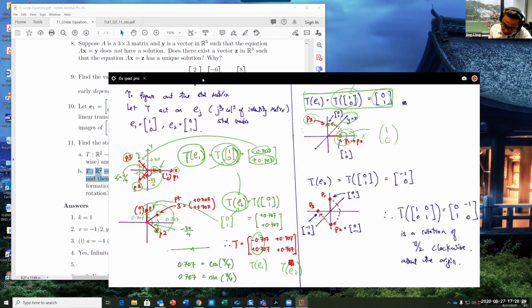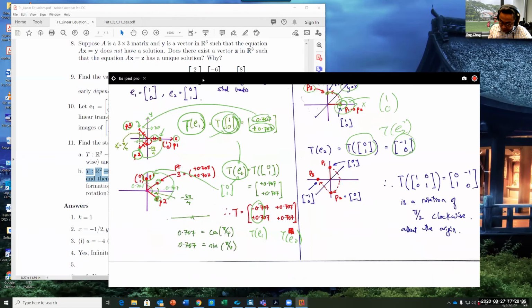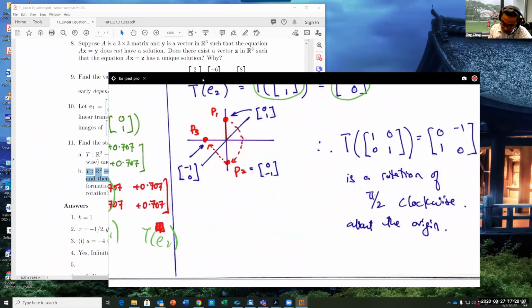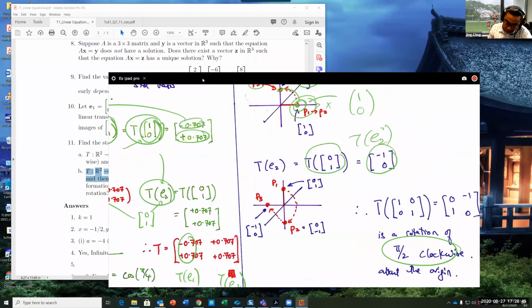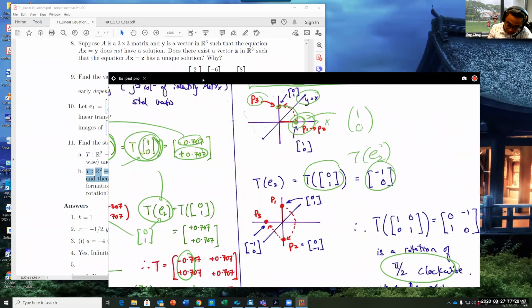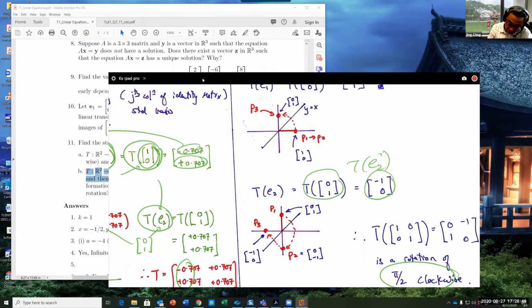The second coordinate, the transformation of E2, is similarly obtained. And then you can interpret it as a rigid rotation by 90 degrees. The first point gets rotated anti-clockwise by 90 degrees.